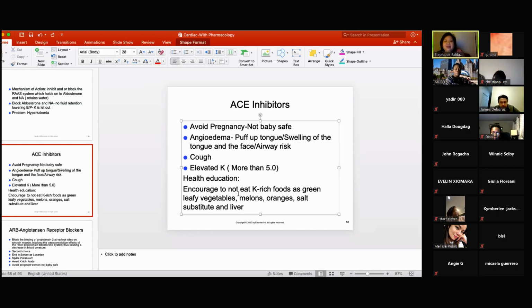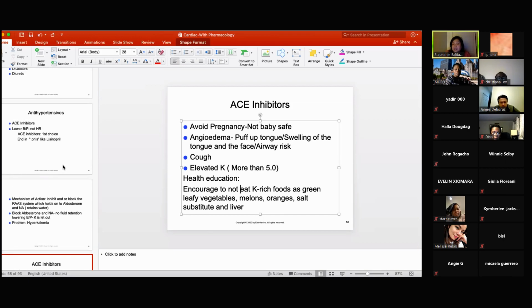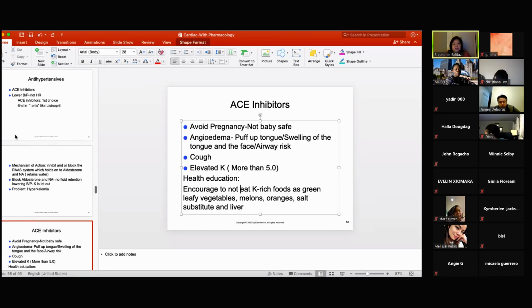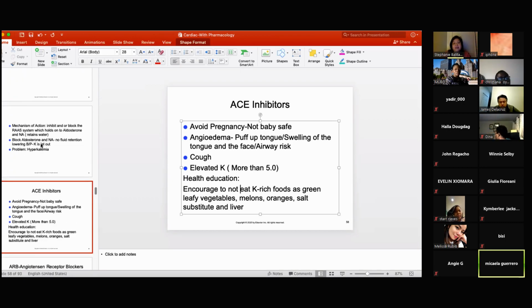So you have your antihypertensive, their ACE inhibitors is the very first one there. It lowers the blood pressure. They mostly end in prils, lisinopril. Then you have it is blocking sodium, so potassium is out.